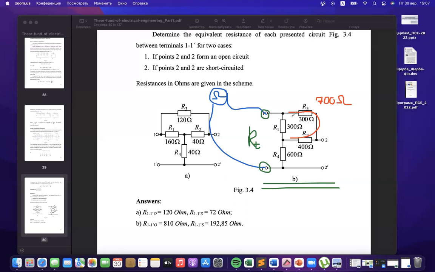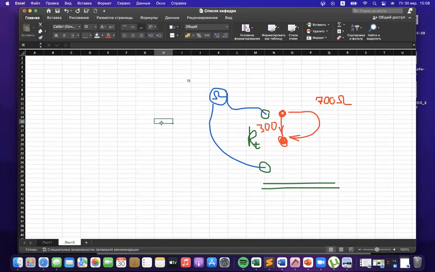Okay, yeah, you're adding R3 and R2 in serial because they are in serial. Then you could add R1 in parallel because you have 2 points with the same voltage, here and here, and you could take 300 and 700 in parallel.